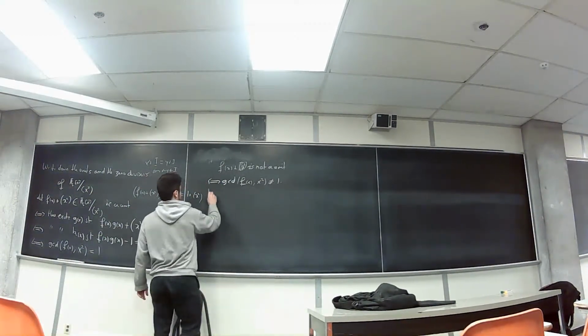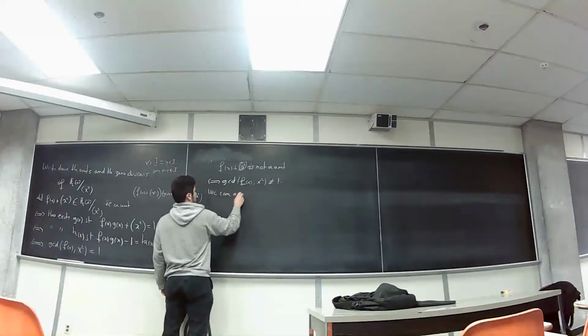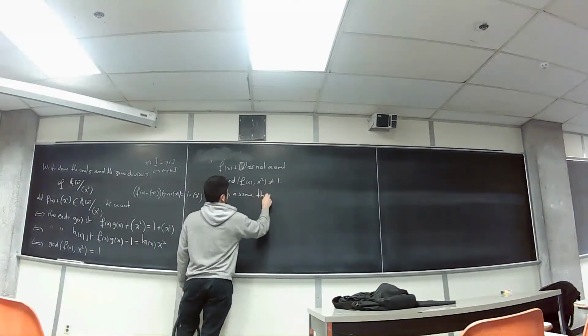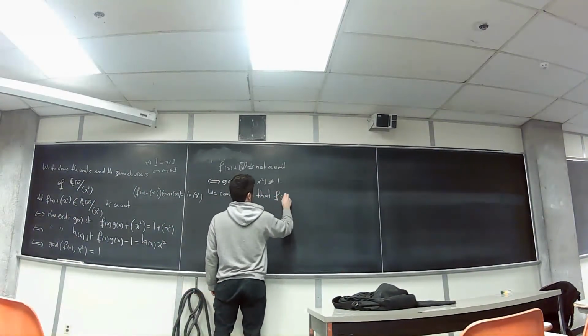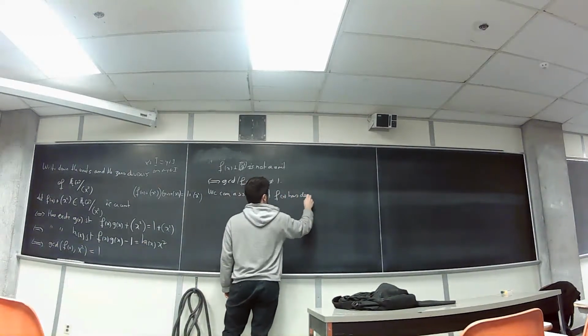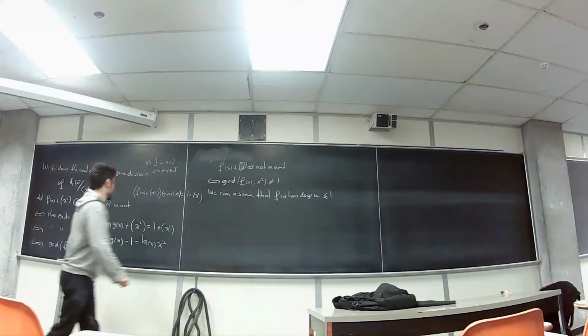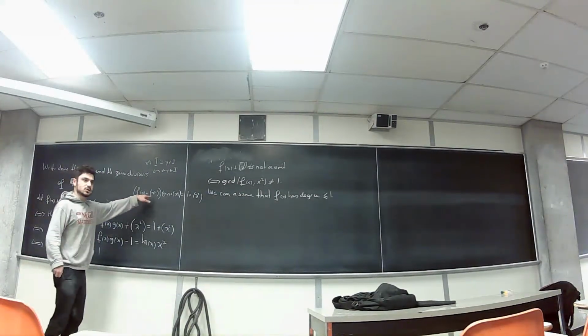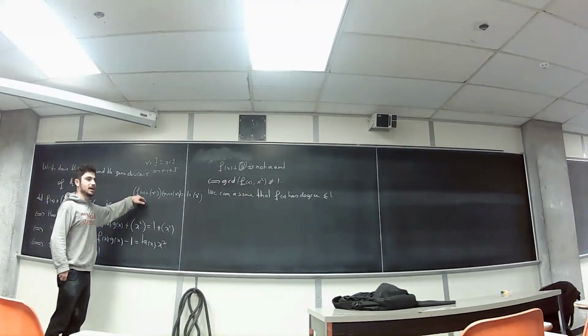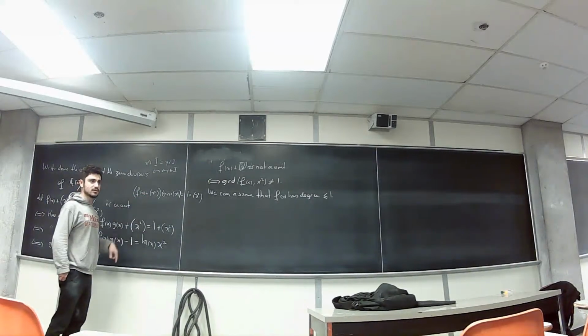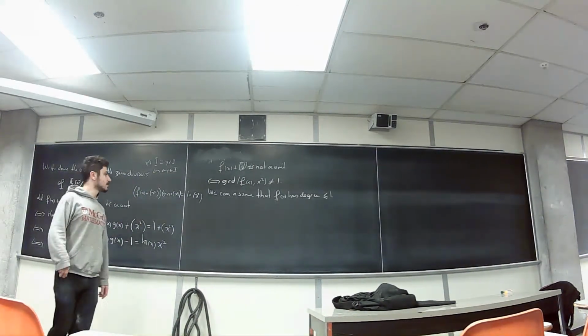Yeah, we can assume that f of x has degree at most 1. Why is that? Because any coset of x squared can be represented uniquely by a degree 1 polynomial plus x squared, right? You just take the remainder of f of x by x squared, right?